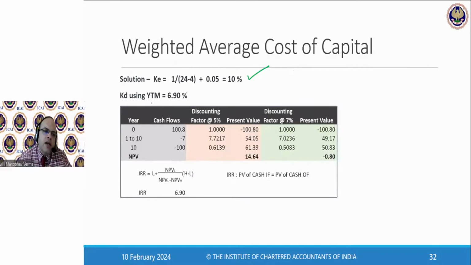But now we are discussing cost of debt using the YTM. Remember, we discussed that as per the YTM, we are looking at the IRR method. In the IRR method, we take two random rates.